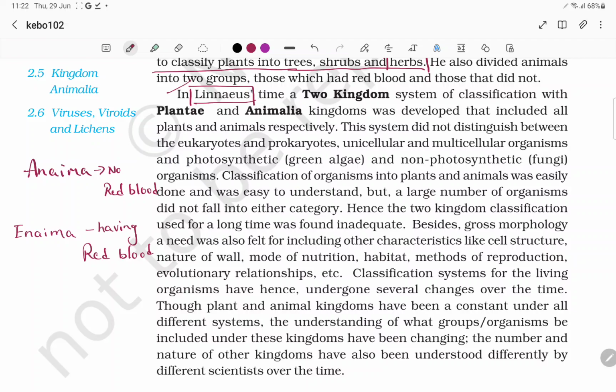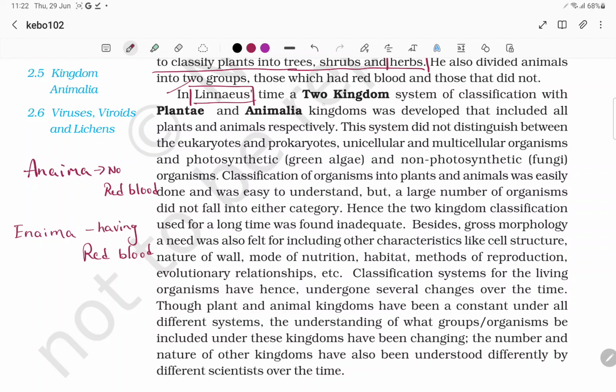And he wrote many books. Out of that, the two famous books are Species Plantarum and Systema Naturae. Species Plantarum gives us the names of the plants, and Systema Naturae gives the names of the animals.